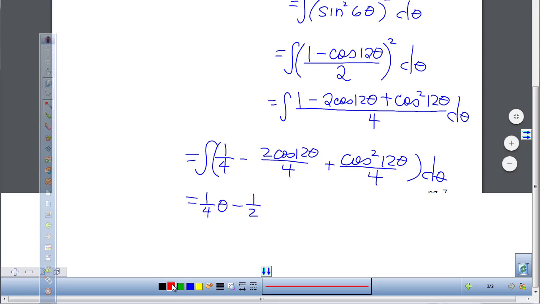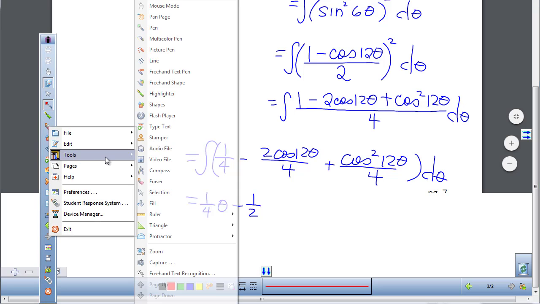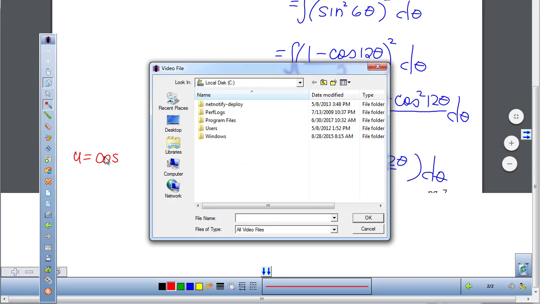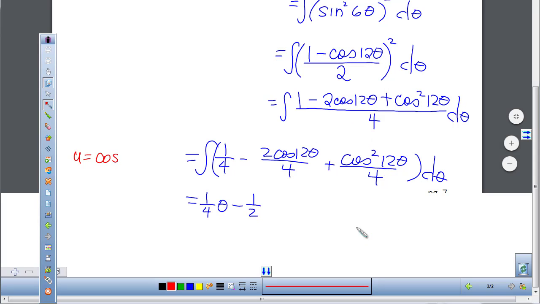If we need to, we can do the substitution. U equals cosine, let's see. What do we want u to be equal to? U could be equal to 12 theta. Okay.